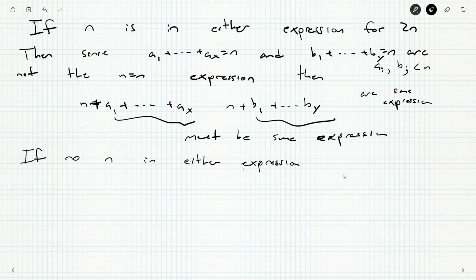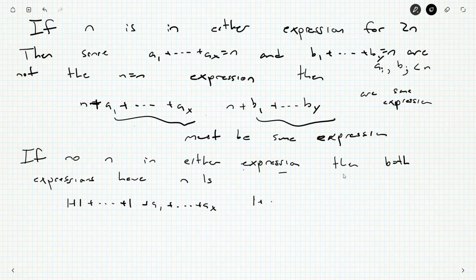So if there's no n in either expression, if there was an n in one expression, there'd have to be an n in the other, and then we'd be able to reduce it down. So then both expressions have n ones, and so we get 1 plus 1 all the way up to these guys.